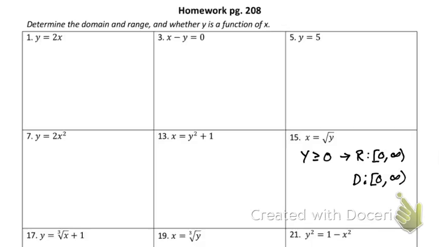Here's where it gets really confusing. If you were to graph this, it'd be half a graph, because if I wanted the full graph, we would need x equals plus or minus square root of y. Then I could rewrite it as x squared equals y, and everything would be satisfied.